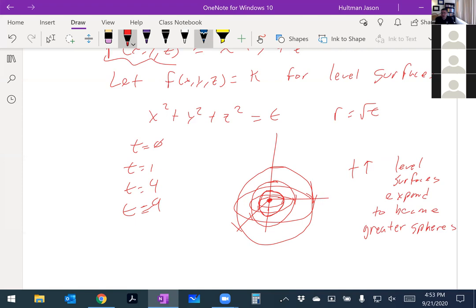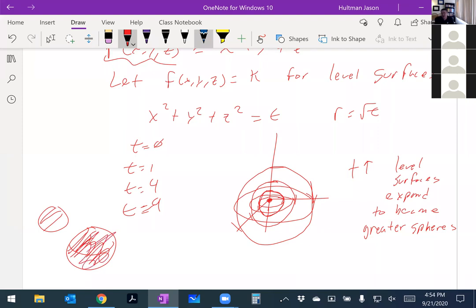They're not anything inside these spheres. A sphere is everything on the outside. A ball is everything on the outside and the inside. Just like this is a circle and this is a disc. This is a sphere, this is a ball. Okay, see the difference?